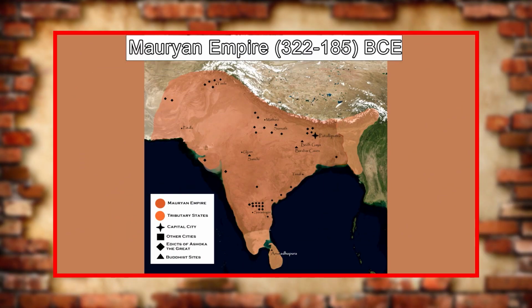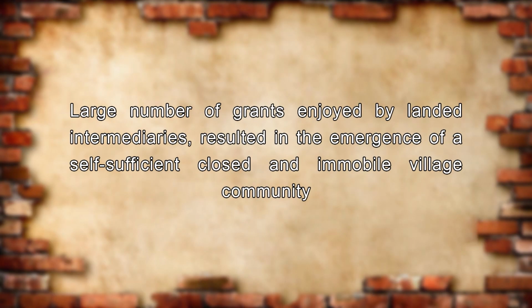Earlier, in the Mauryan period, the state officials were paid in cash. Now they were being paid through grants of land. The large number of grants enjoyed by landed intermediaries resulted in the emergence of a self-sufficient, closed and immobile village community.